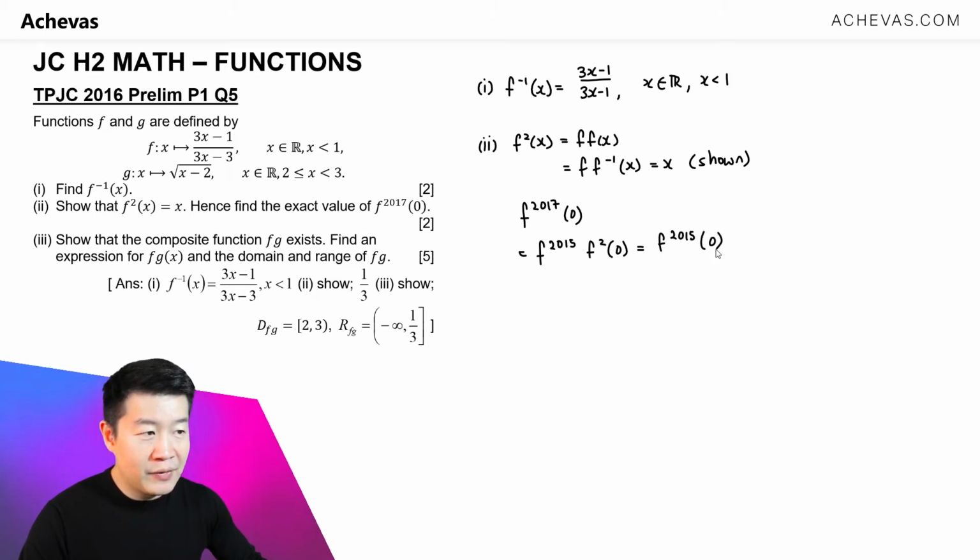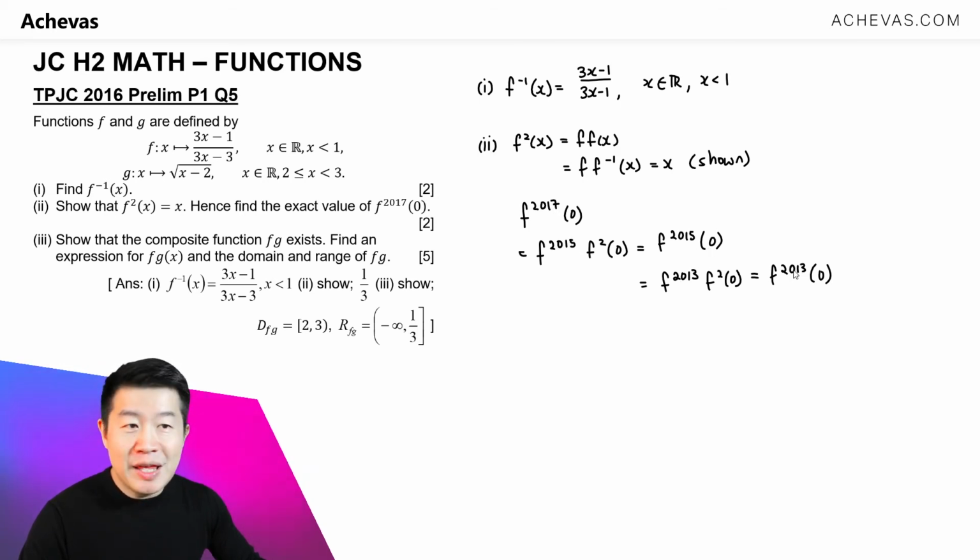So here we have a 0, and we can continue, right? Because I can also rewrite this as f2013 of f2(0), and f2(0) is 0. So I'll be getting f2013 of 0. So in fact, from 2017, we will minus 2, we will minus 2 again.